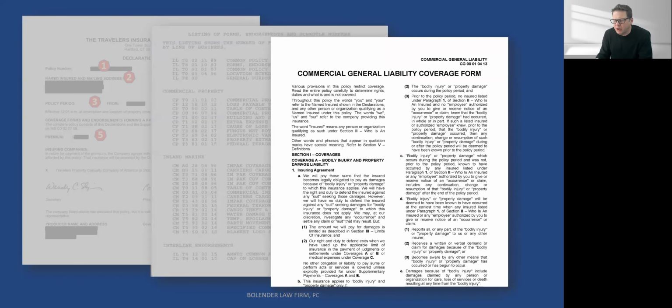Now, a very common form of liability insurance in the United States is a commercial general liability policy, often called a CGL policy. Many businesses in the United States, large and small, have this identical form of coverage.